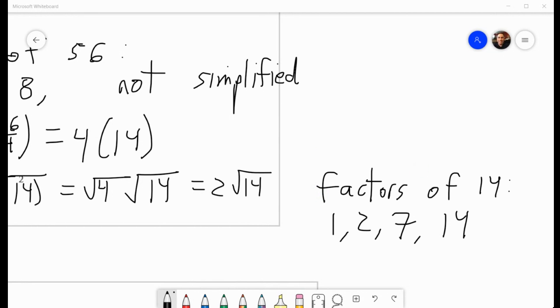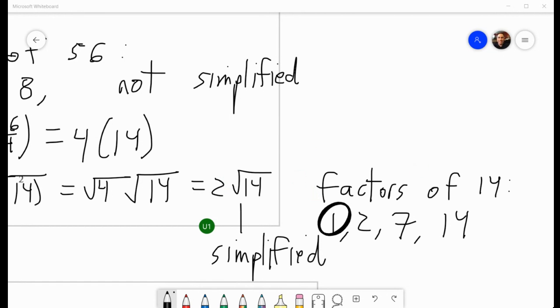And only 1 is a perfect square. So it is simplified. Okay, that's what we get here.